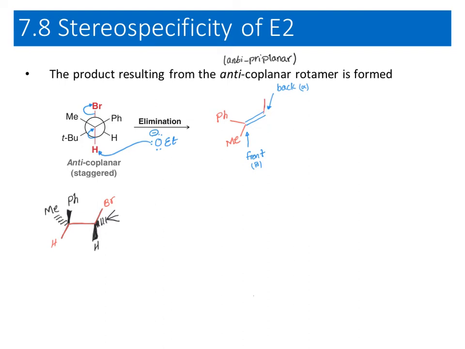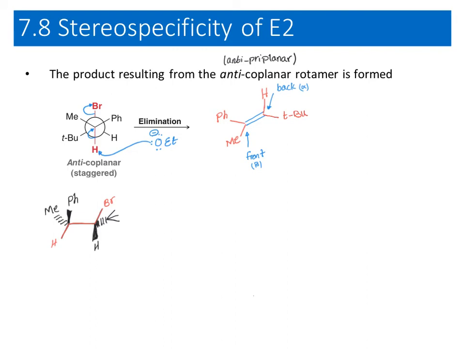So this is hydrogen, same side as phenyl, and methyl and tertiary butyl are also on the same side. So this is tertiary butyl, and this is the only product that can be produced.